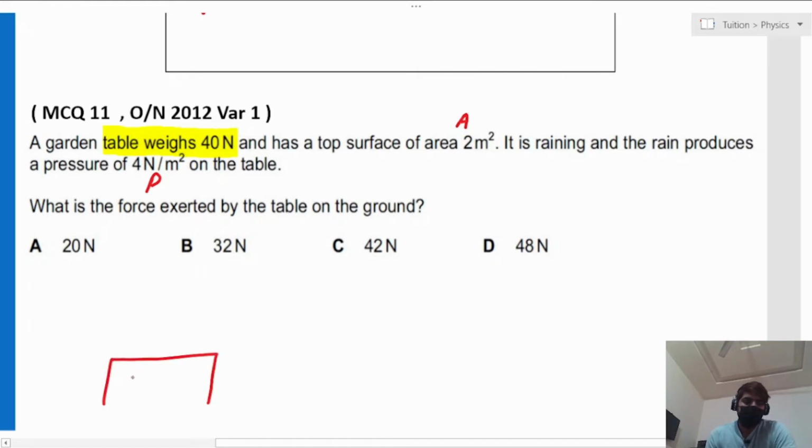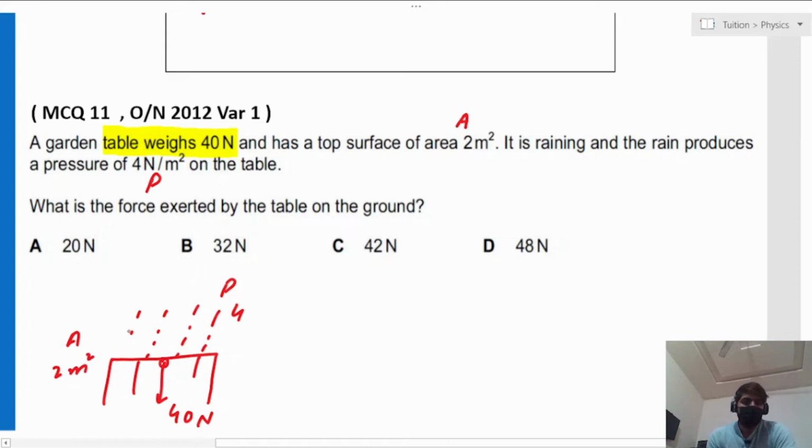So what the question is, it looks like this. This is your table, all right, and the weight of the table itself is 40 Newton. Now it is raining, and the rain applies a pressure of 4 Newton on the area of 2 meters squared.